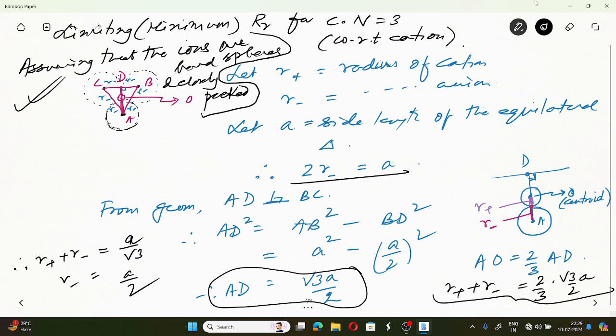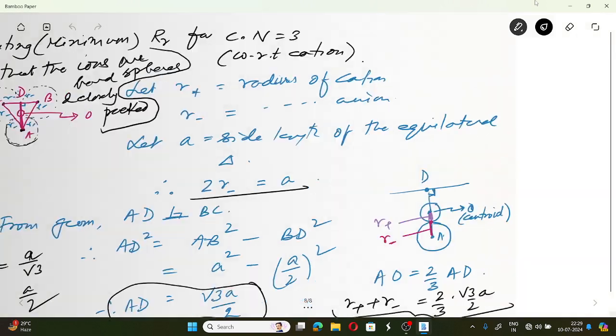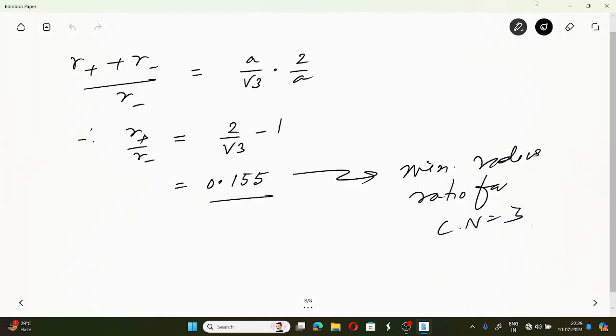Okay, so for coordination number 4, minimum radius ratio for coordination number equals 4, অর্থাৎ for tetrahedral structure.